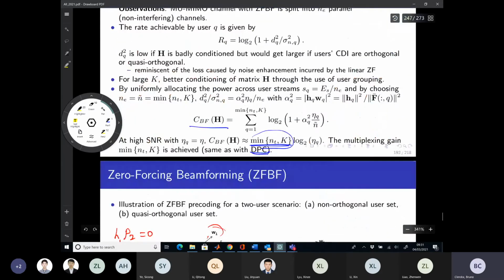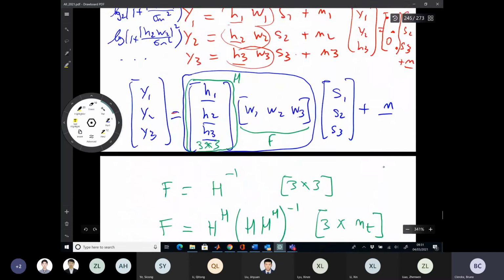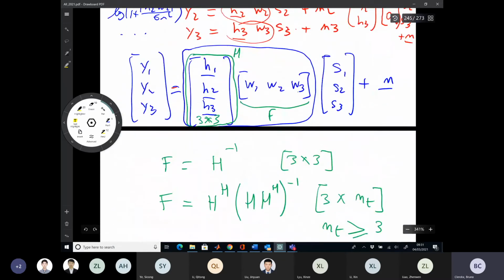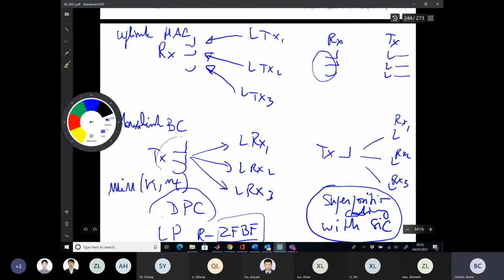All what I talked about here is that when we do this, you need to know H, right? Those H has to be known at the transmitter. So in other words, when I have my transmitter and I have my channels H1, H2, and H3, I have to assume that H1, H2, and H3 are known at the transmitter.